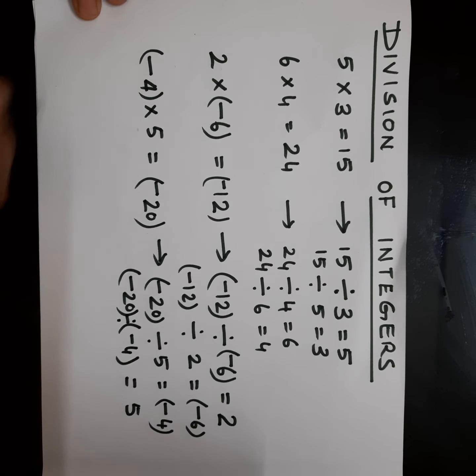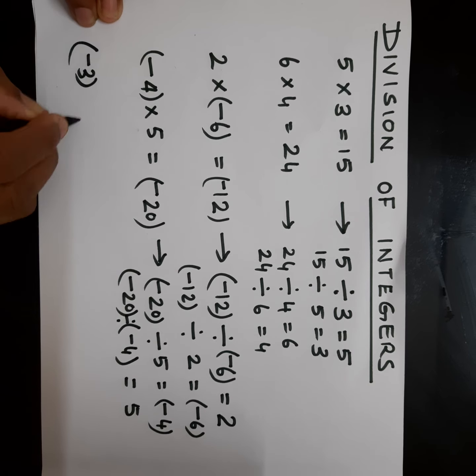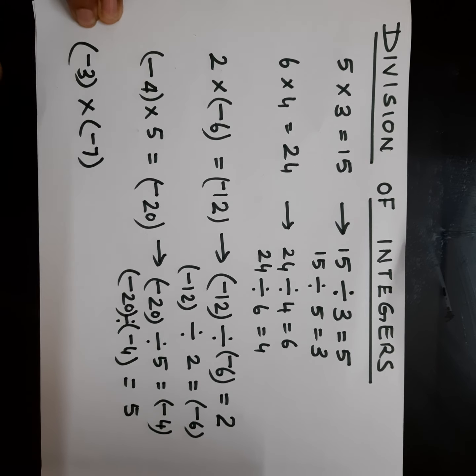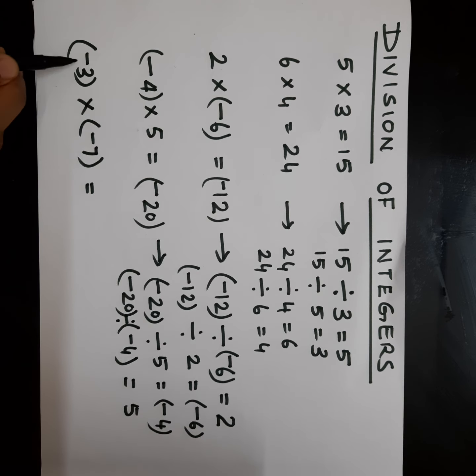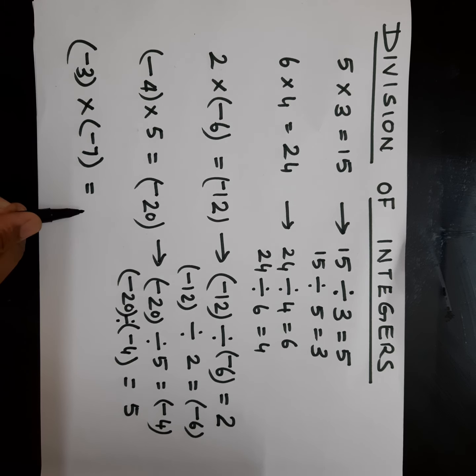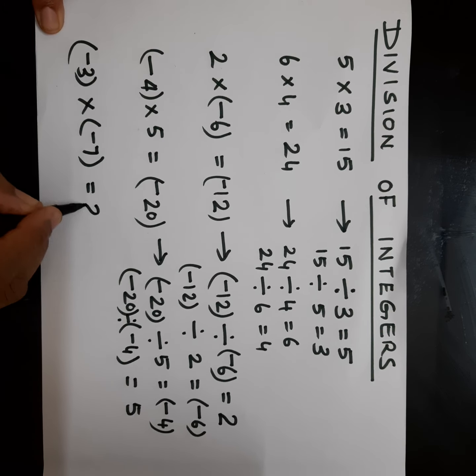Now again one more example, minus 3 into minus 7. Here we have to see the number of negatives. 1, 2. Two negatives. Two means an even number. When an even number of negatives comes, the product will be positive. That we already studied in multiplication. So the product will be positive here, and 3 sevens are 21.